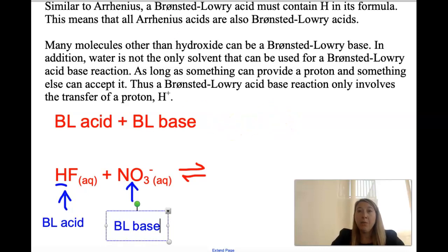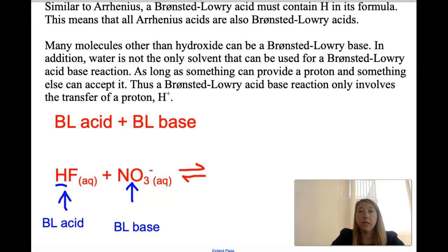What's going to happen as this reaction occurs is we are going to take the hydrogen from here and move it to here, right? Because according to the definition, a Bronsted-Lowry acid is going to donate a proton, so it loses the proton, and the Bronsted-Lowry base is going to accept that proton.